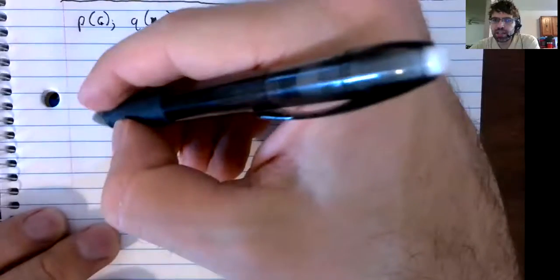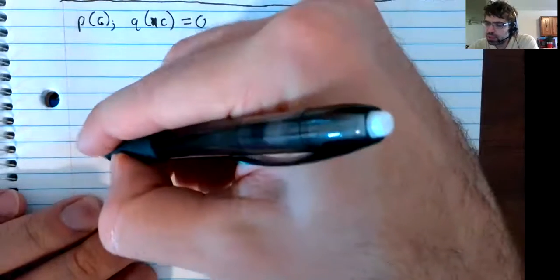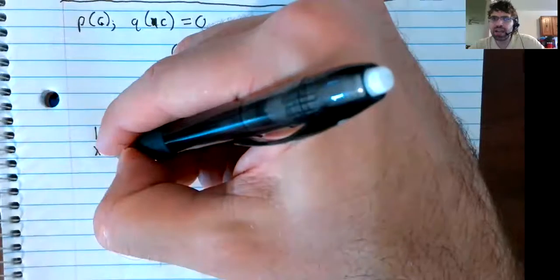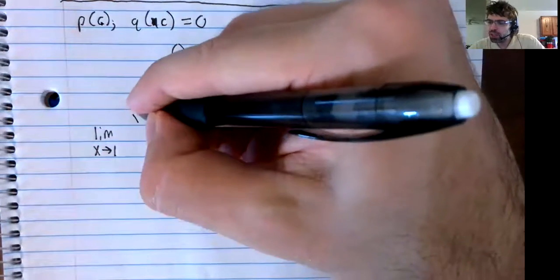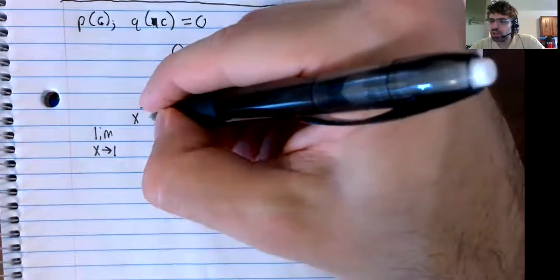So this is the kind of thing that probably just needs an example to be made clear. Let's look at the limit as x approaches 1.